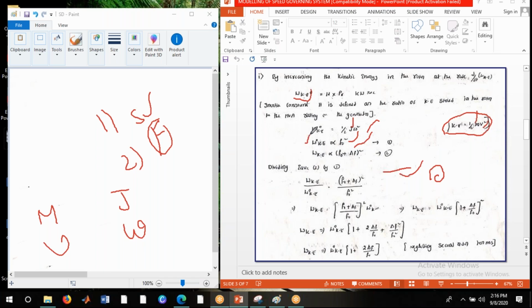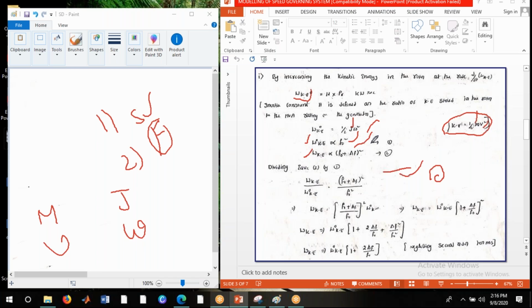So this is the initial condition, the running condition. At the starting condition, the kinetic energy is directly proportional to frequency. It means whatever feedback frequency is given to the governing model, the governing model sets the level to which the valve should be open.